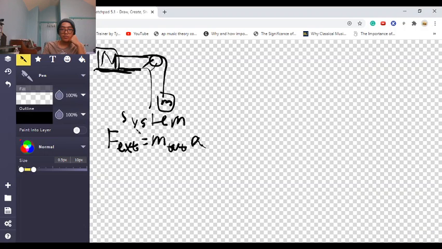The reason we're interested in the system is because the acceleration of the system equals the acceleration of both the big M and the little m. Now, what the formula is basically telling us is that the only way a system can accelerate is if an external force is acting upon it. What I mean by external force is forces that are contributing to the acceleration of the system.